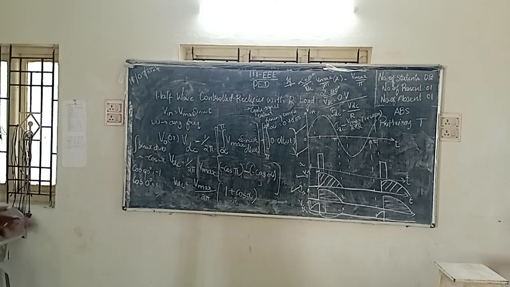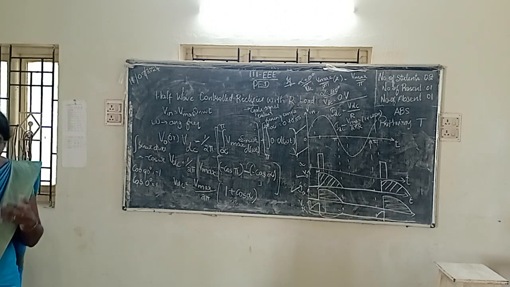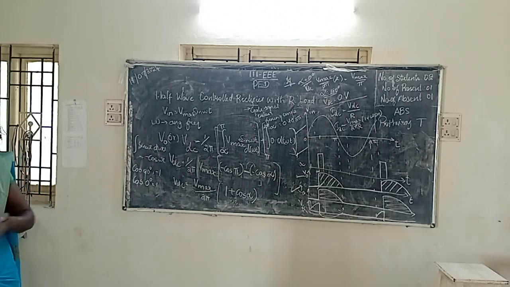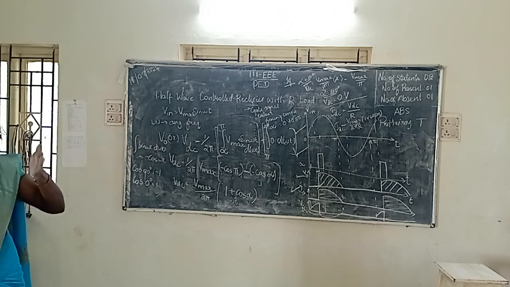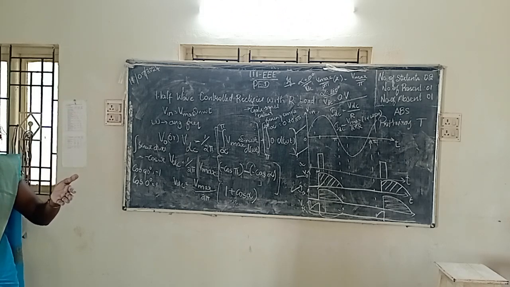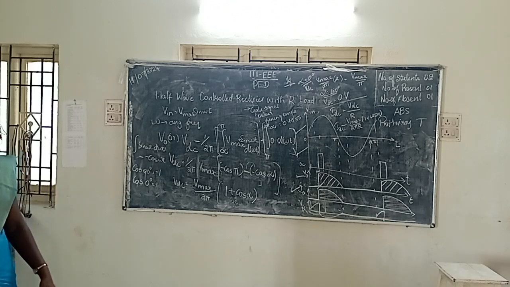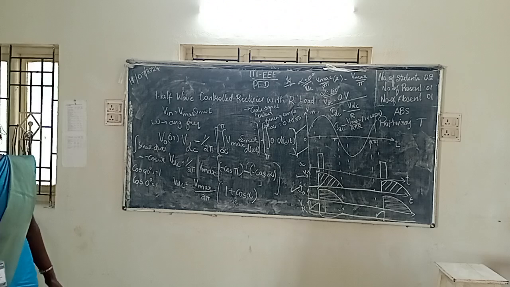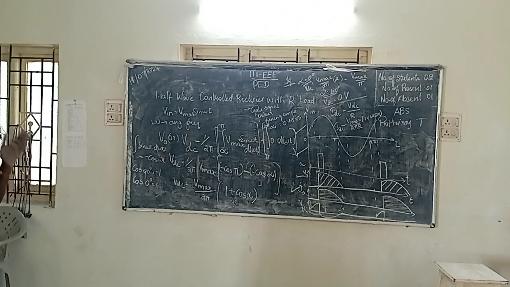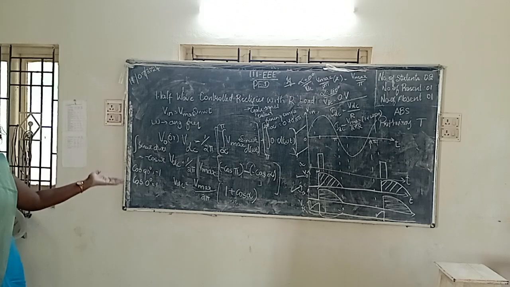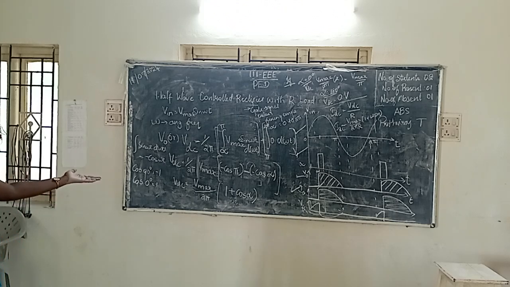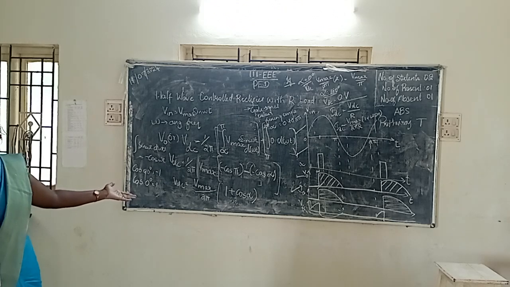So VDC is equal to 1 by 2 pi integral, with the lower limit at the firing angle where conduction starts, so alpha to pi, of V max sin omega t d omega t. There the voltage is controlled, right? During the next half cycle there is no voltage, so from pi to 2 pi it is 0 d omega t. Applying the integral formula and the trigonometric values, we obtain VDC as V max by 2 pi into 1 plus cos alpha.